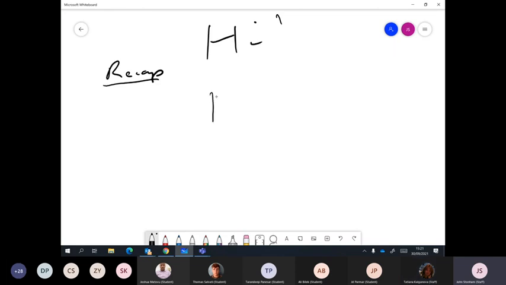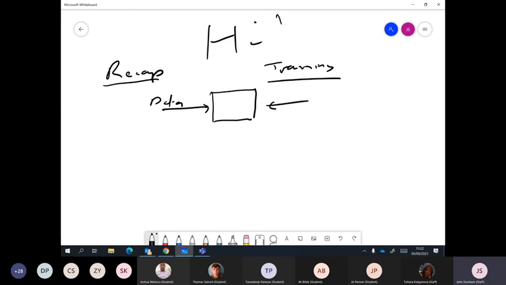We have a system, which I'll draw as a box, and the training of this system is applying data and applying the answers. And what we hope inside this structure is that a functionality emerges which will map the data to the answers. So after training, we have an emerged functionality.